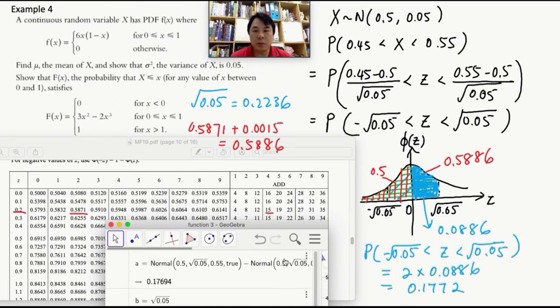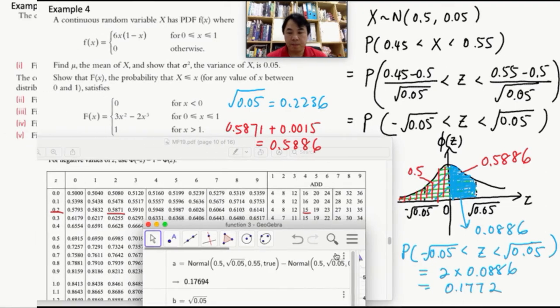The technology is more accurate because it takes more decimal places than what we get from our data booklet. Either use the technology or the data booklet, depending on how accurate your data booklet is. I hope that is clear. We have fully completed these questions.